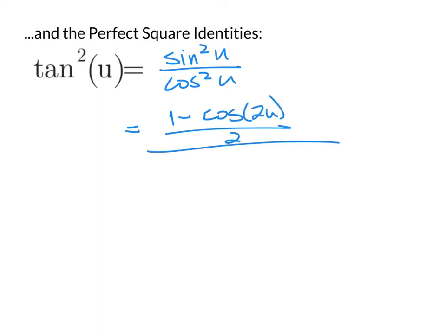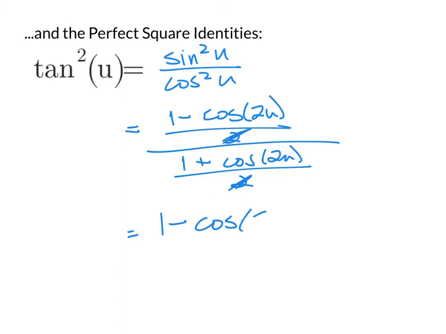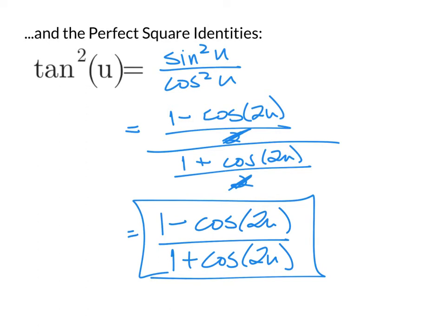And for cosine squared, it's 1 plus cosine of 2u over 2. And of course, these halves that are in each of them will end up canceling, and tangent squared is going to be 1 minus the cosine of 2u over 1 plus the cosine of 2u. That's a pretty good looking identity.